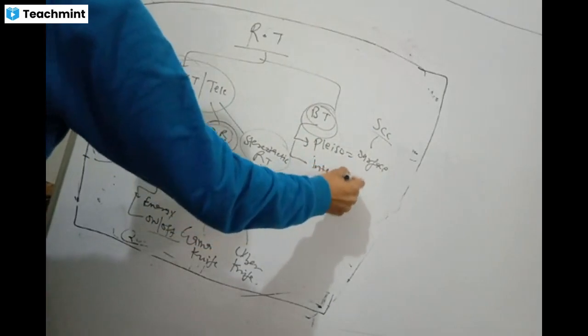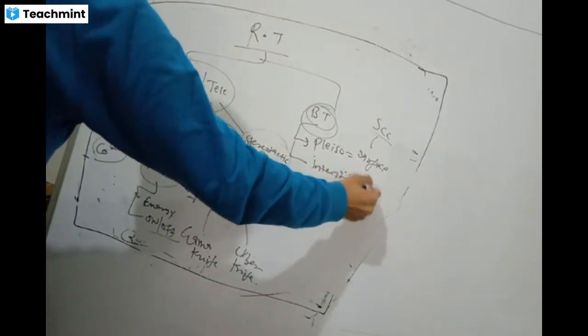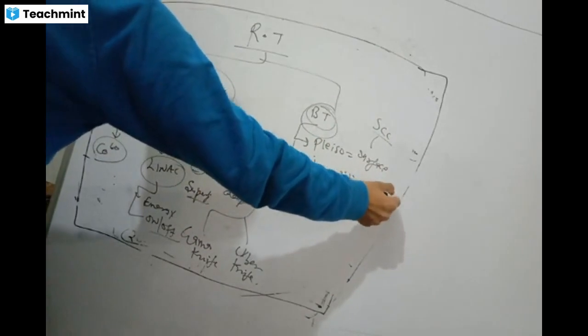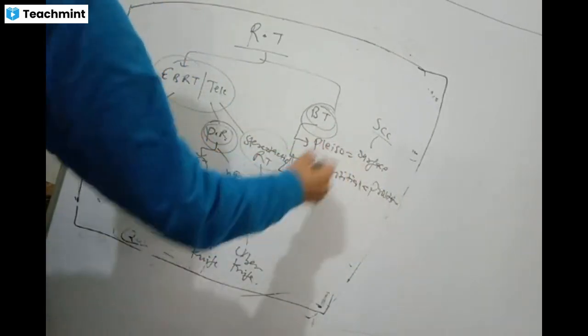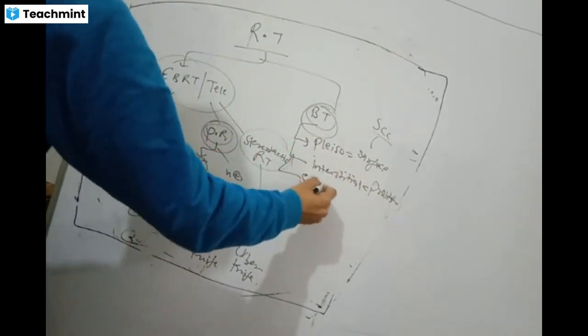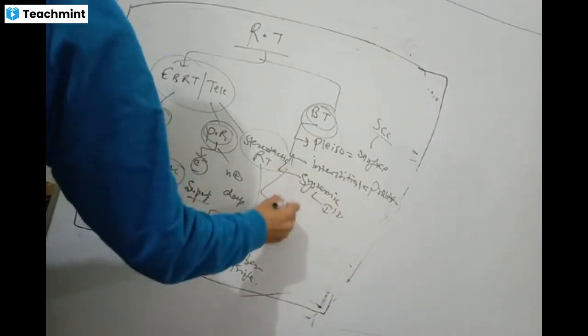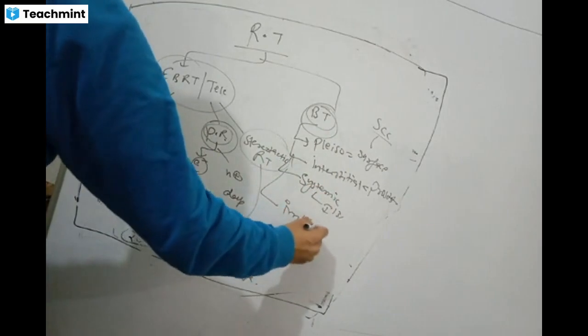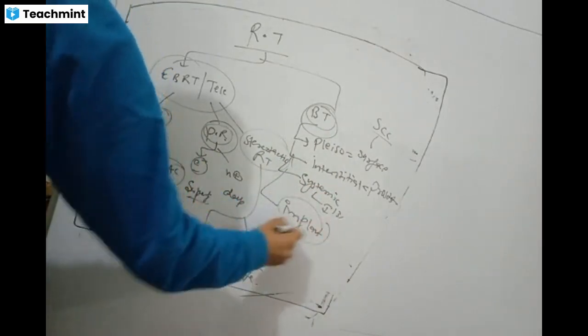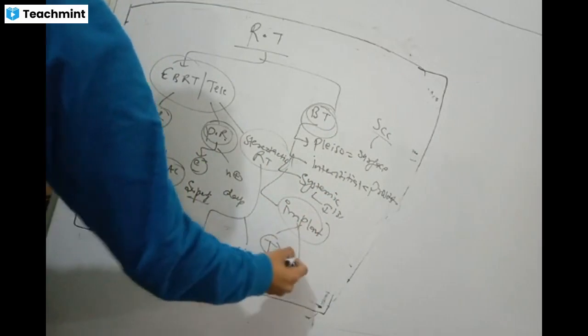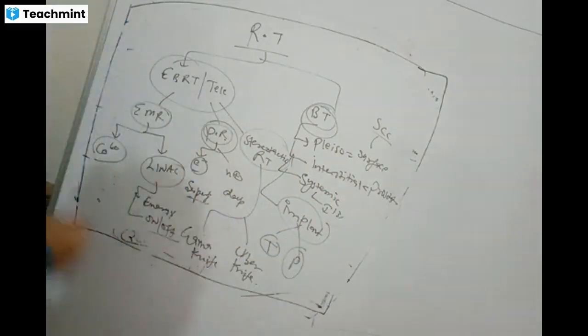Then interstitial, that was the prostate example, and systemic, that was iodine 131, and we saw the implant. Implant may be temporary or implant may be permanent. So this is all about the radiotherapy.